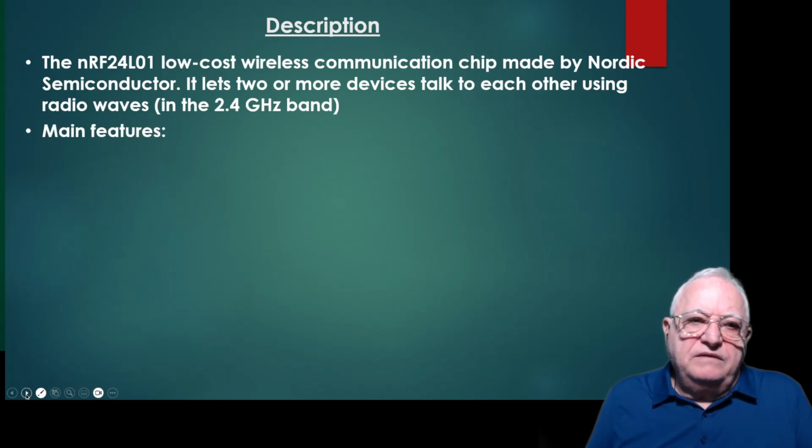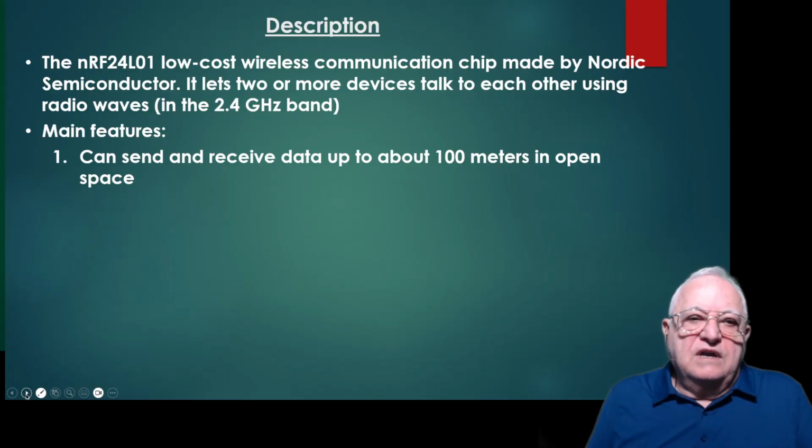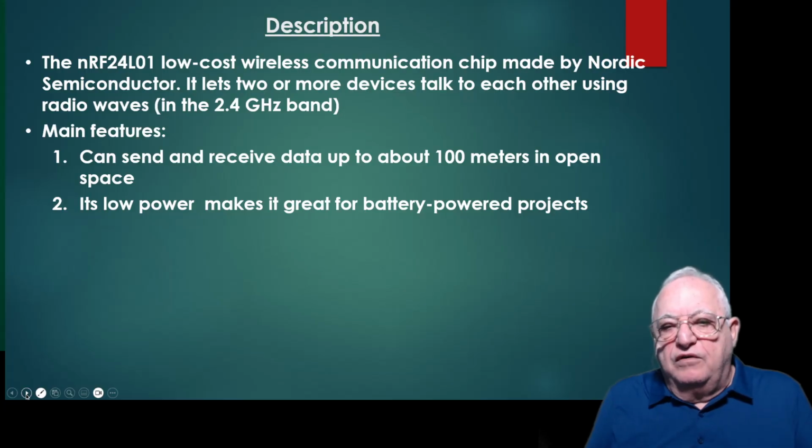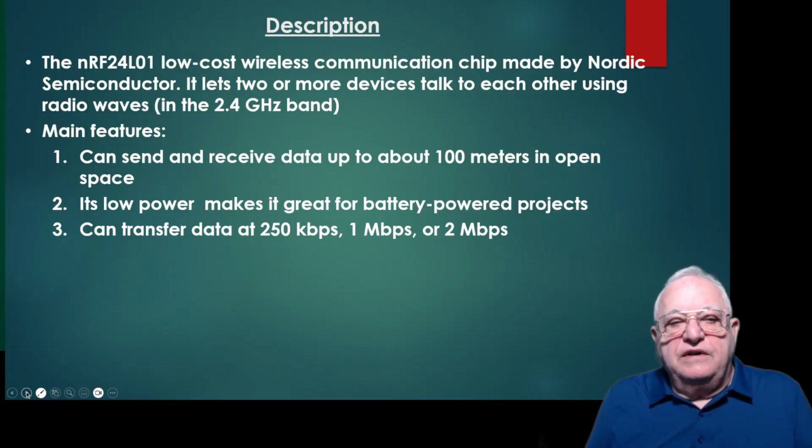Let's look at the main features. It can send and receive data up to 100 meters in open space. It's low power, which makes it great for battery powered projects. You have three choices for the data rate: 250 kilobits, 1 megabit, or 2 megabits.